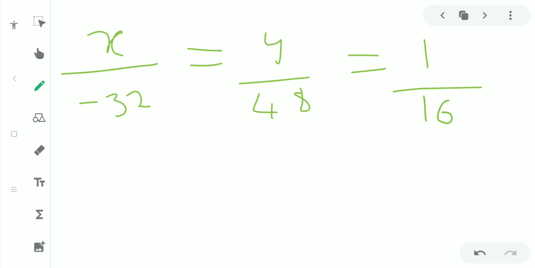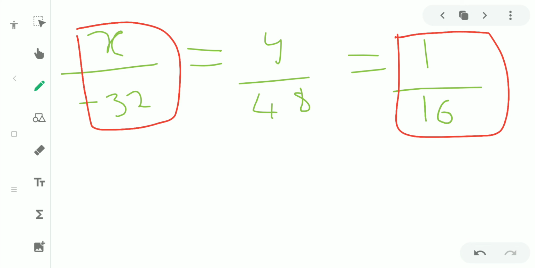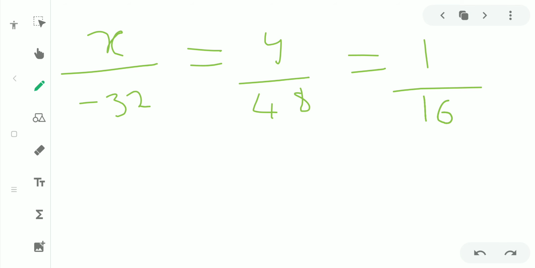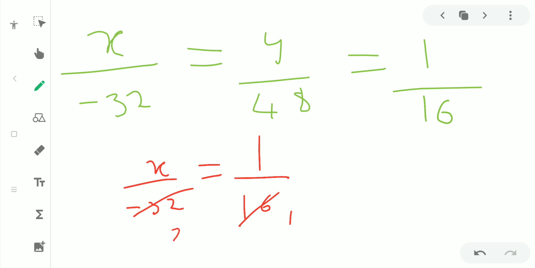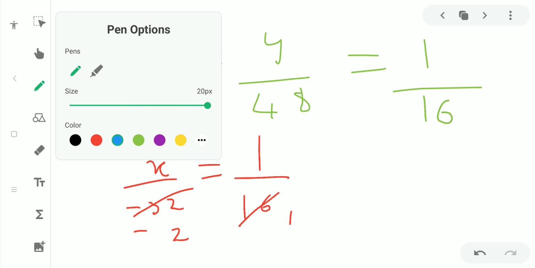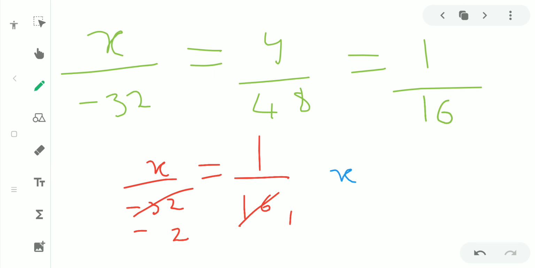So now let us equate this part and this part. That is x by minus 32 is equal to 1 by 16. So 16 ones are 16, minus 2. So x is equal to minus 2.